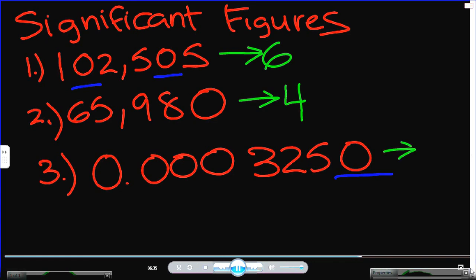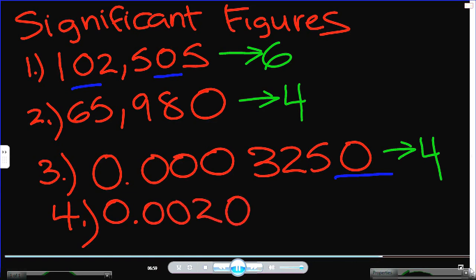Now, in this case, the zeros to the left are not, and so when you count them, you end up having 3, 2, 5, and 0 to ultimately have 4 significant figures. And it's important to note that those zeros on the left-hand side are not significant. So we want to keep that in mind as we go forward, and we're going to sample doing another question with another level of complexity, I suppose.